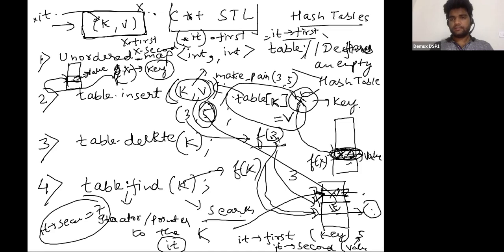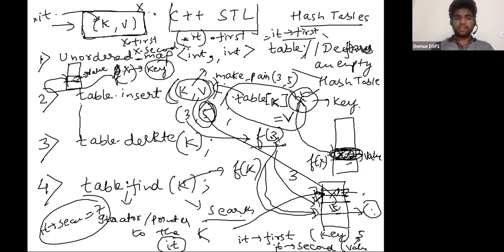Is this clear? F of x is the index where you go to in the table, right? F of x is not the value.